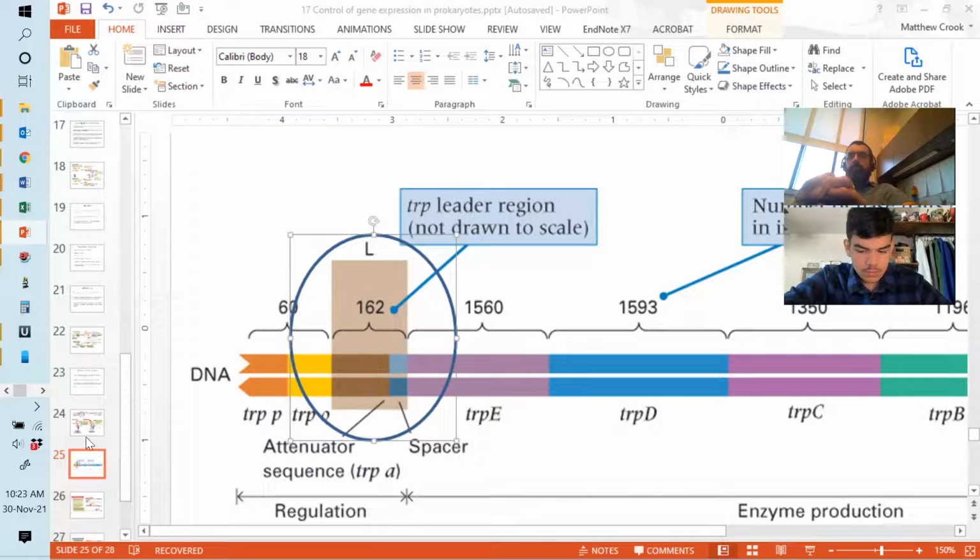Is it because when the tryptophan is low, it doesn't bind, but when it's high, it does bind? Yeah, I mean, that's right. When there's no tryptophan around, that protein is not going to get made, whereas when there is tryptophan around, the protein will get made.